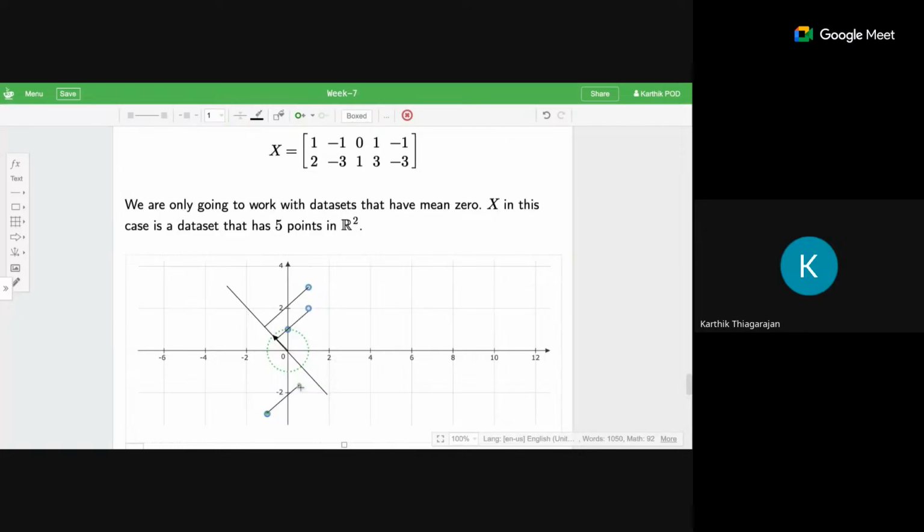If you think of these as strings attached to the line, as you rotate the vector, can you visualize the strings changing their lengths? Some will shrink, some will become elongated. What you're trying to find is the orientation where the sum of the squares of the lengths of these strings is as small as possible.